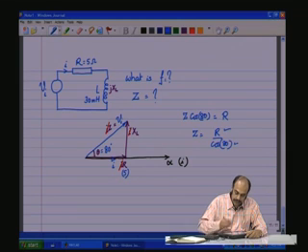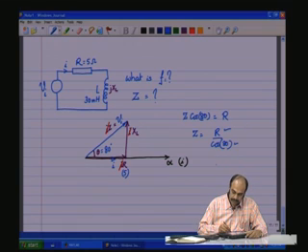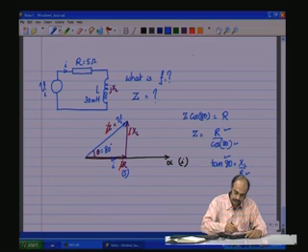This is known, this is known, and therefore, Z is known. Or tan 80 is equal to XL by R. This is known, this is known, and therefore, we can find out this.